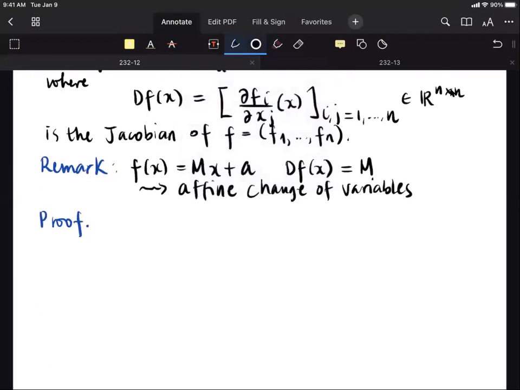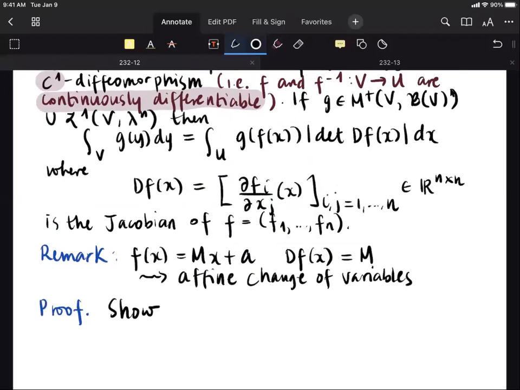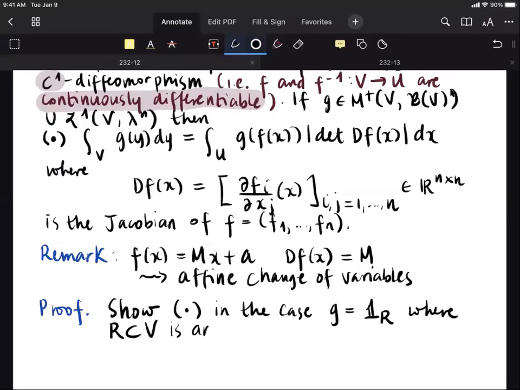Here, again, we will show this in the case where g is a characteristic function on some rectangle R, so in the n-dimensional case, we have an open cell.